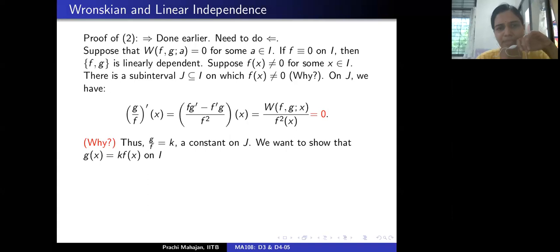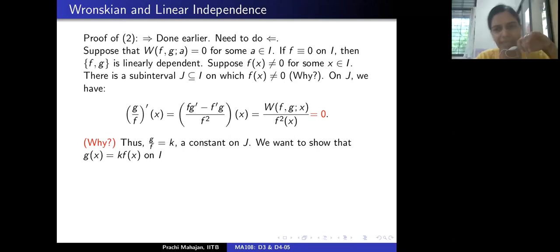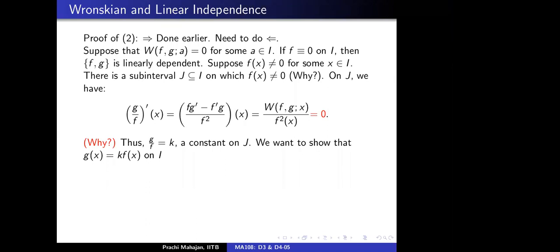Do you agree with me? Yeah, I realized that there can be two different J's in which the constants can be different. Correct. So we need to have a same constant that works for the entire interval I, correct? So that needs to be taken care of and established.